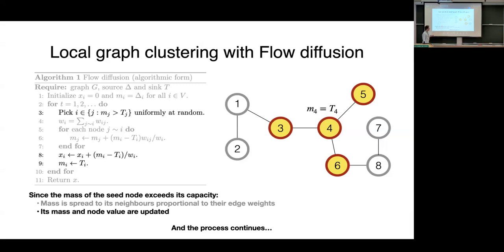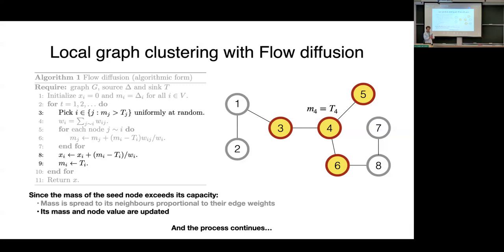And this whole process continues because keep in mind that, say, the amount of mass node 3 receives could also be greater than its capacity. So in the next iteration of the algorithm, this could be a node that we pick and also distribute its mass, and this whole process continues and so on.